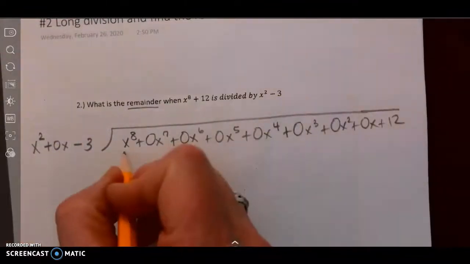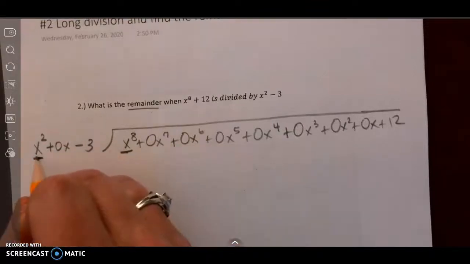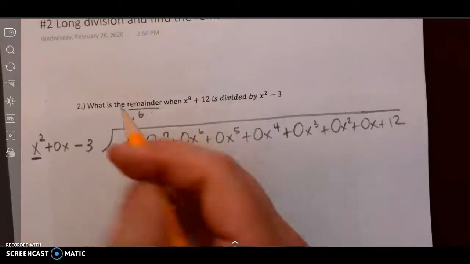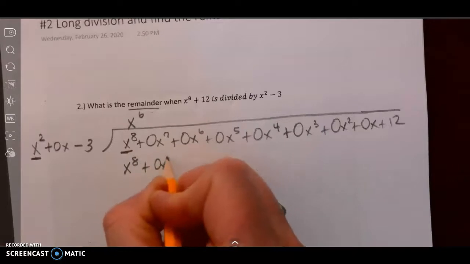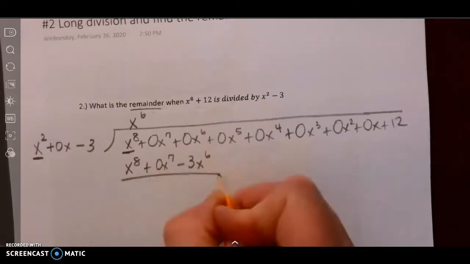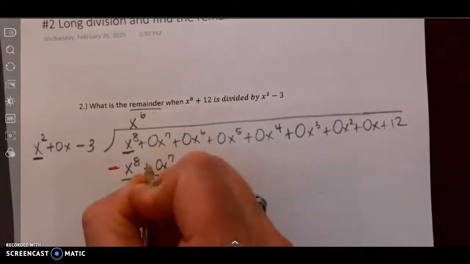So I put all my placeholders in. Focus on the first: x to the 8th divided by x squared is x to the 6th. Now I'm going to multiply this: x to the 8th plus 0x to the 7th minus 3x to the 6th. I'm going to subtract, so I change my signs.